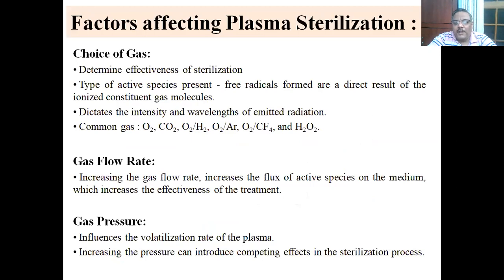What are the factors that will affect plasma sterilization? First is the choice of gas. Which gas we are going to ionize will affect the sterilization process. The flow rate, at which the gas will flow, because the percentage ionization will also depend on the rate of flow. The pressure of the gas will affect the density of the plasma.